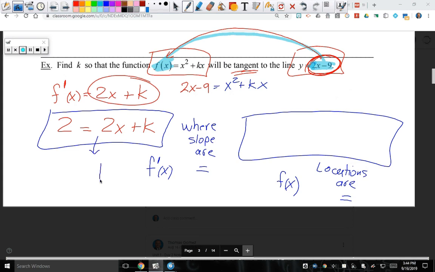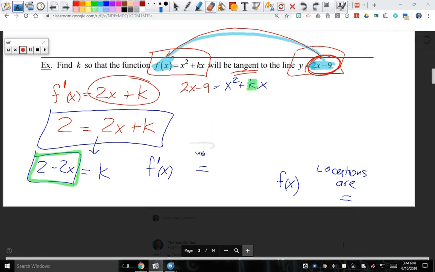But if I use this and I solve for k, I now can write k in terms of x. Y'all with me, guys? So I would have the following. Let's finish it off. I would have 2x minus 9 is equal to x squared plus (2 minus 2x) times x. Because again, I substituted what k was from the derivative function.